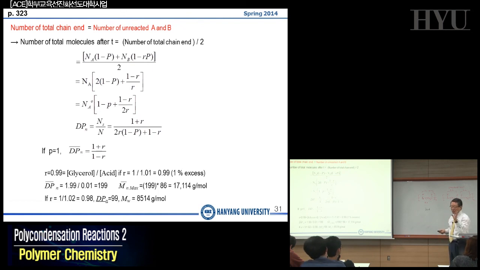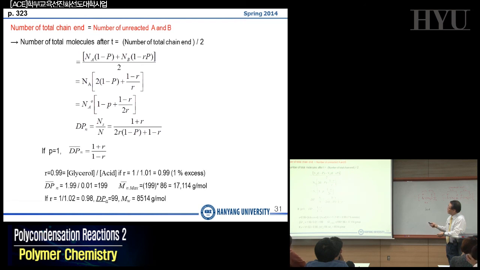If you find the unreacted A groups and unreacted B groups, then you can find how many chain ends we have. If you divide the chain ends by 2, then we can calculate the number of molecules of the x-mer. So the number of total molecules after time t is the number of total chain ends divided by 2.